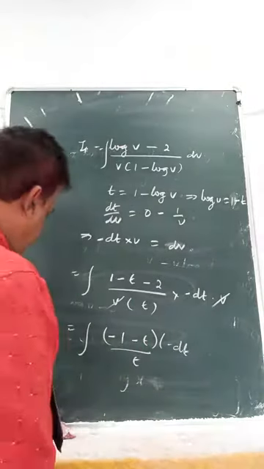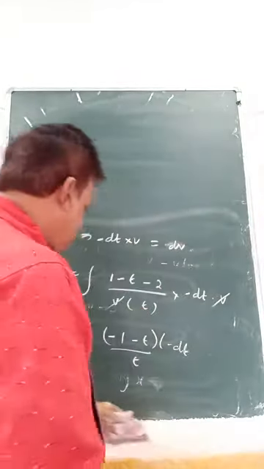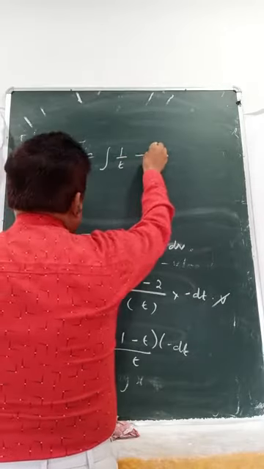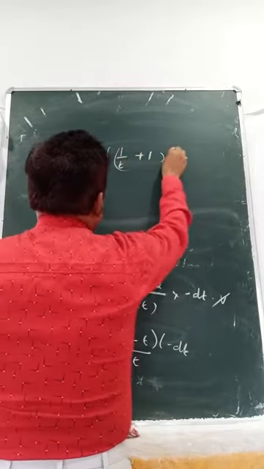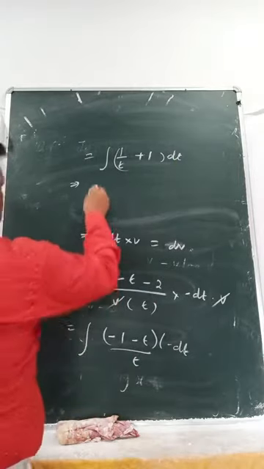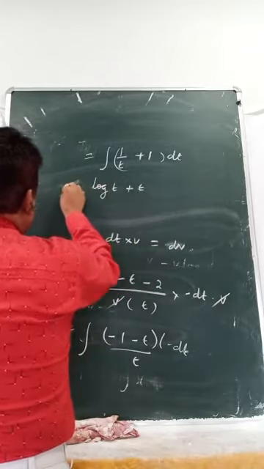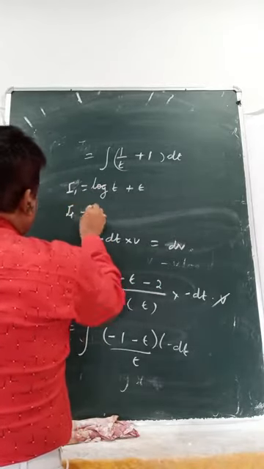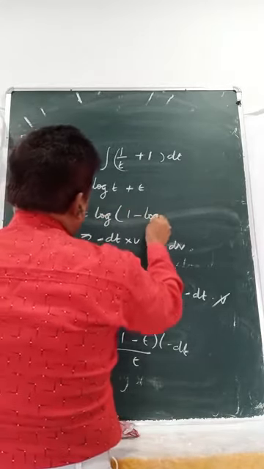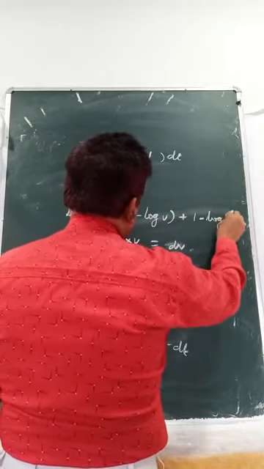So minus will be cancelled, which means it is the integral of (1 by t plus 1) dt. So this implies log t plus t. This is I1. So I1 equals log of t, t is what? 1 minus log v, plus 1 minus log v.